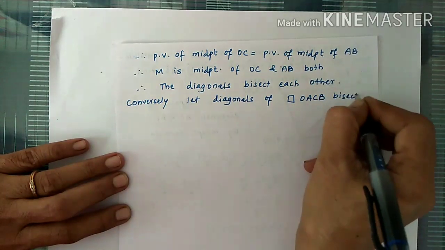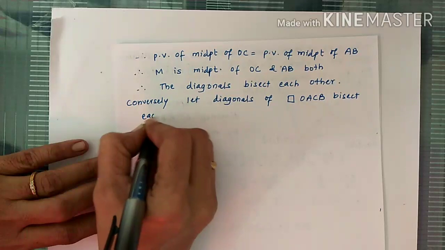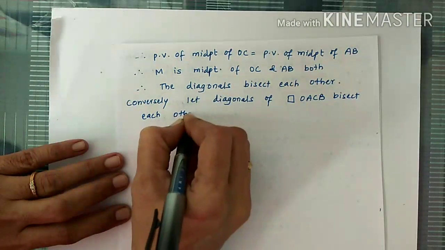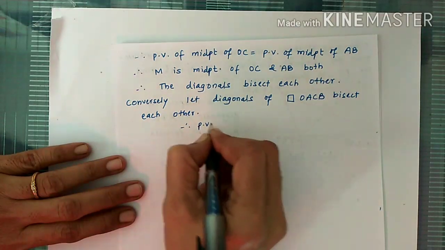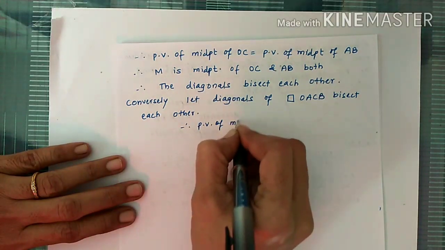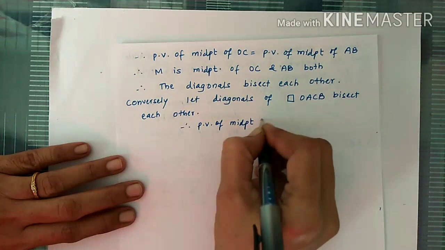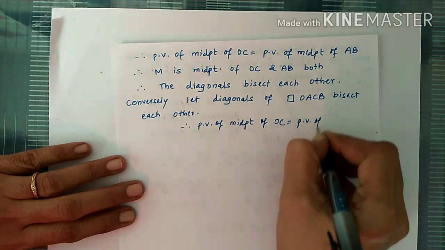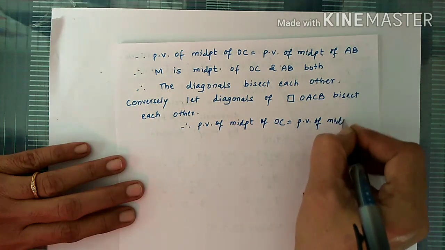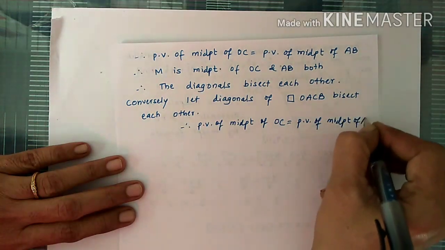So we are considering the same diagram. That means they bisect each other. That means position vector of midpoint of OC is same as position vector of midpoint of AB.